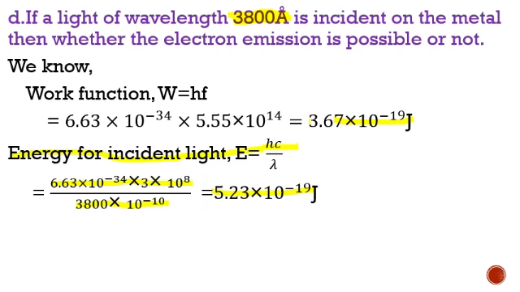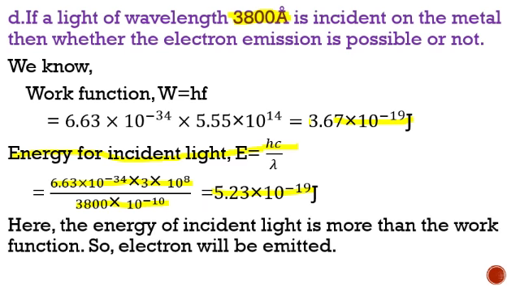Now what is the conclusion we came to? We have to conclude it. Here we can see that the energy of the incident light is more than the work function. That's why the electron will be emitted. If it is less, then it cannot be emitted. You can see that the work function is 3.67 into 10 to the minus 19, and here the energy is 5.23 into 10 to the power minus 19.